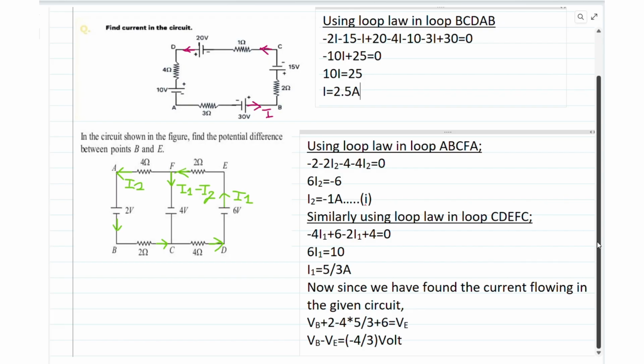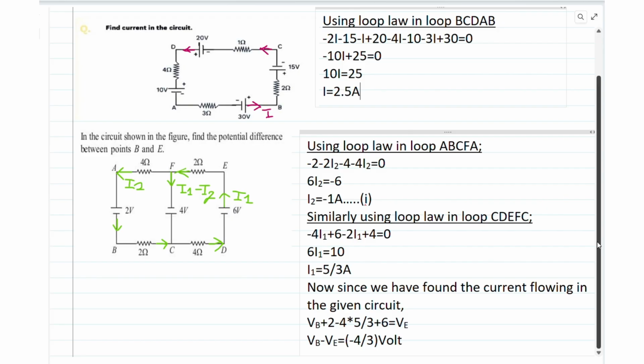we can write that there is a loss of potential of minus 2 volt. That's basically because we are traversing from higher potential to lower potential of a battery. And then again, there's a loss of minus 2 I2. And now comes an interesting point. We are moving in the direction opposite to the direction of current in that branch.